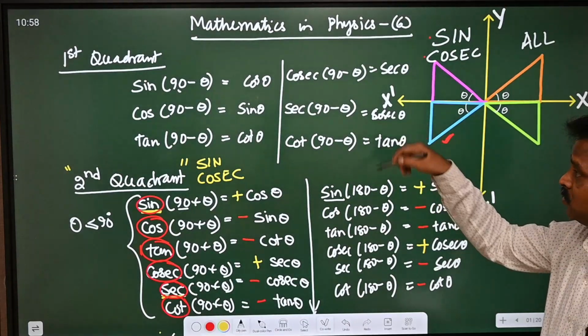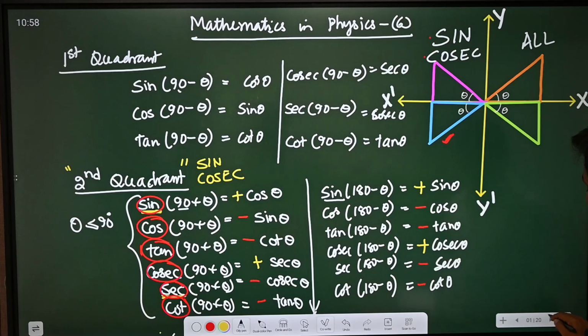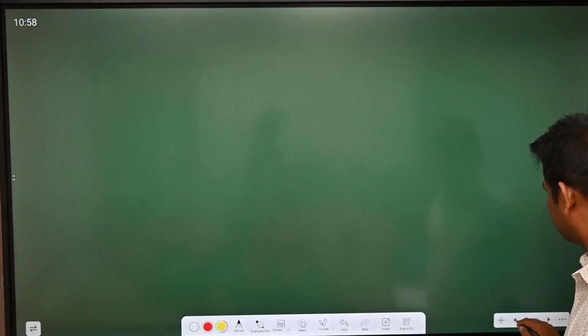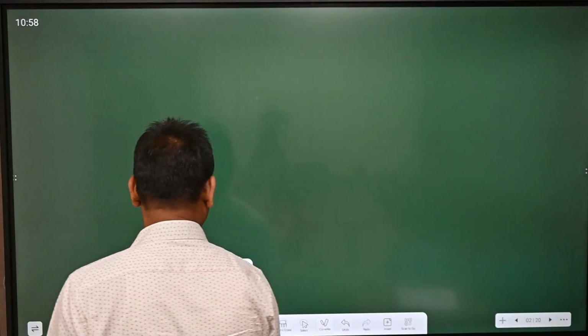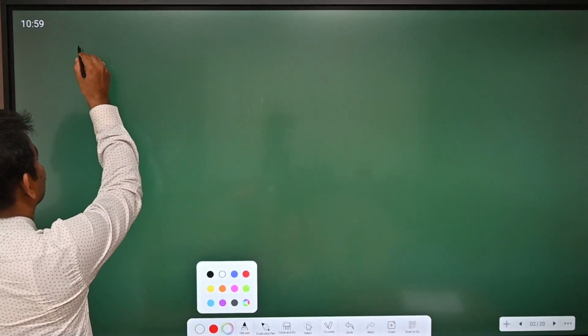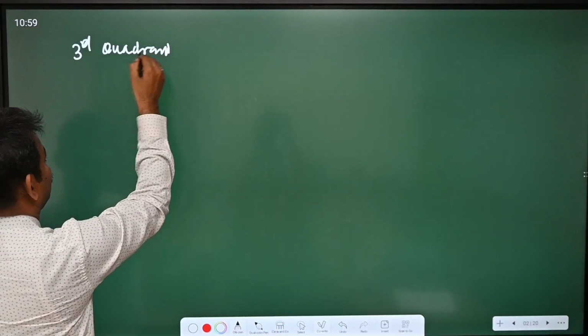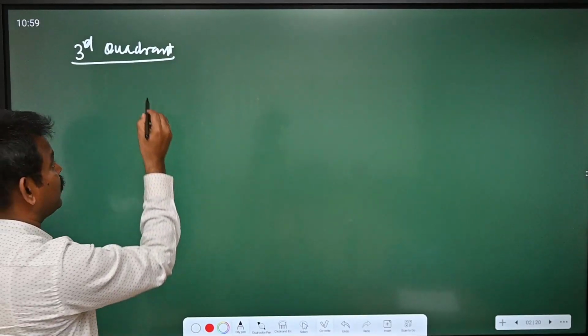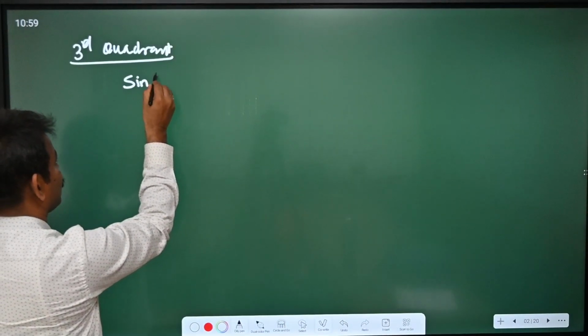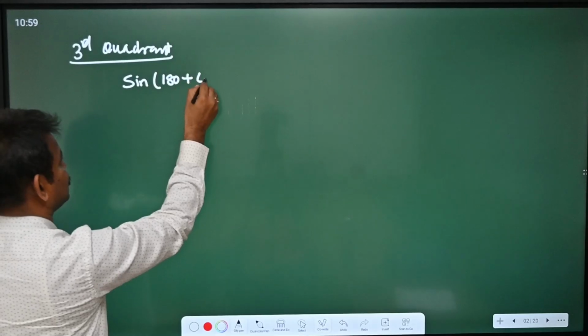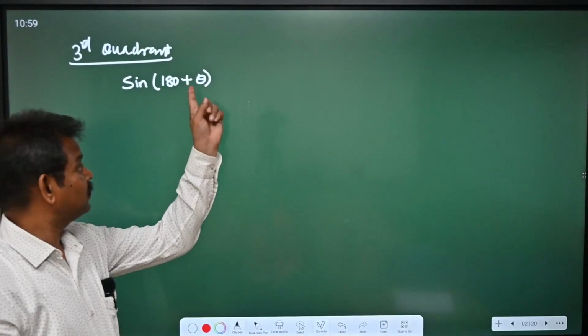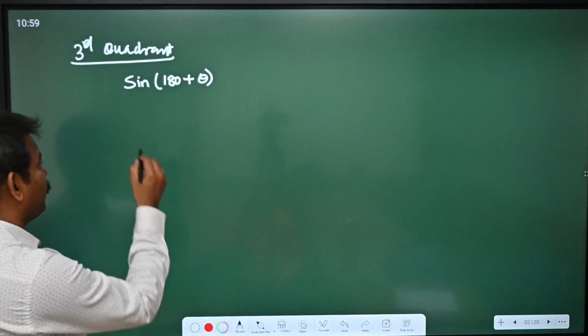See what happens to these values. So in the third quadrant, directly we can write, the diagram is not required: sin 180 plus theta. Once again, please remember theta is less than or equal to 90.